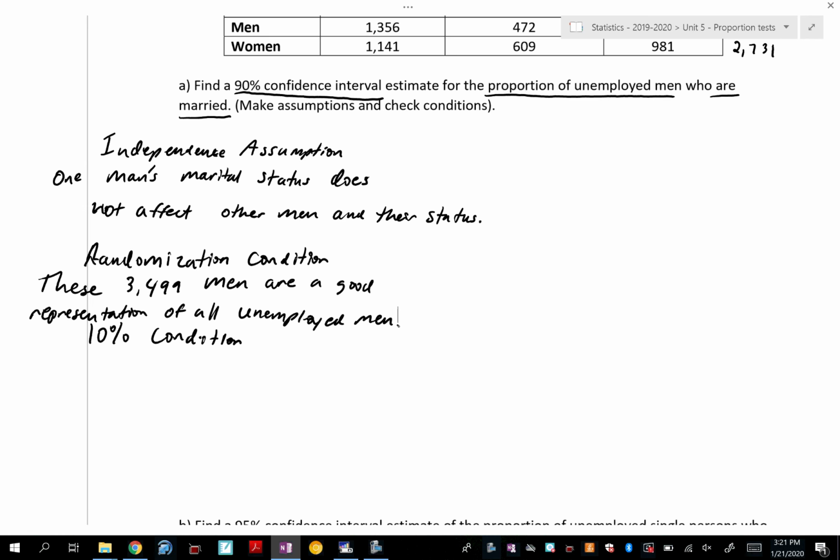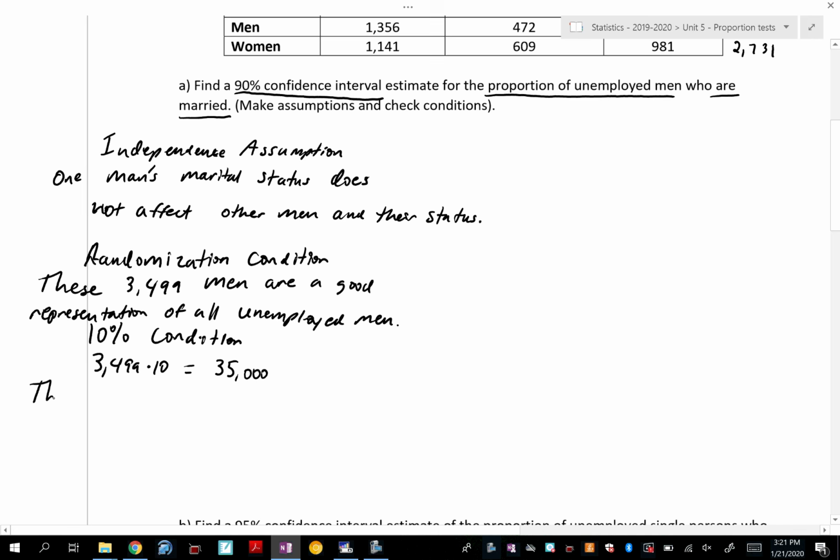Okay, now what about the 10% condition? Let's take 3,499 and multiply by 10, and what do you get? 34,900. Basically 35,000, right? All right, so do we think that there are more than 35,000 unemployed men in America? Yeah. Absolutely, okay? It's sad, but it is true, okay? So that means that our sample size is not too large.